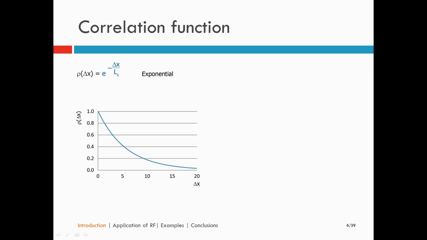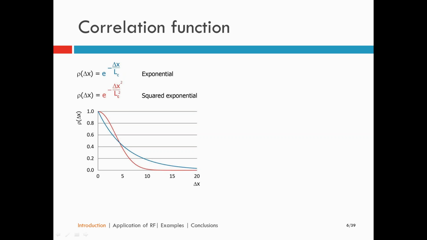In the exponent you can see the lag distance and also the correlation length, which is denoted with LC. Below you see the graph, with the lag distance on the x-axis and the correlation on the y-axis. For small lag distances the correlation is strong, and if the lag distance increases then the correlation decreases.